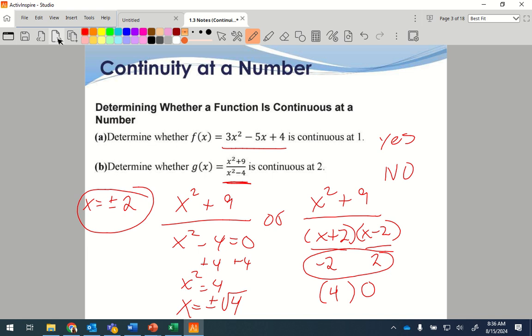For this to be continuous, what was the second thing that I said had to happen? Has to have a limit, right? And the definition of a limit that I keep saying over and over again, for it to be a limit, what has to happen? Both sides. If I were to graph this, can I have numbers less than 2?